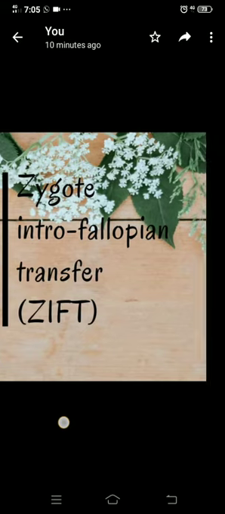The next one is gamete intrafallopian transfer. Here, we collect the gamete. It is the transfer of an ovum collected from a donor into the fallopian tube.